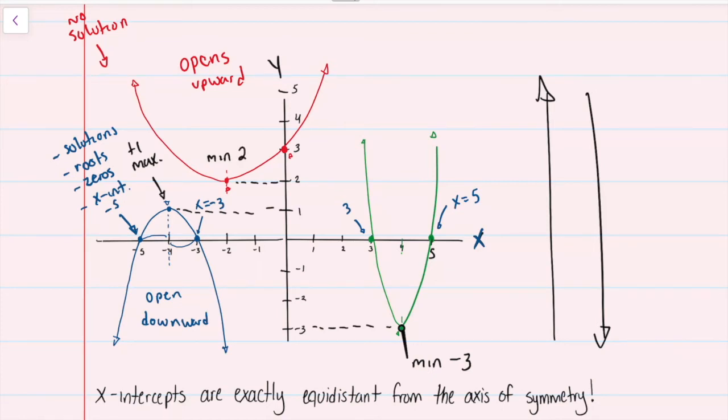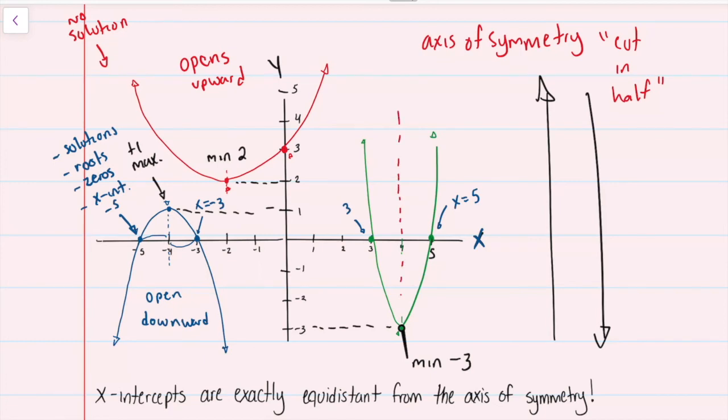Now, something else you have to focus on is called the axis of symmetry. Like the word says, symmetry, it's when you cut in half. Look at the parabola. Wouldn't you agree that this parabola could be cut in half and you'd have the same on both sides? Well, the axis of symmetry is the number where it gets cut in half. In this case, it's always going to be my x.